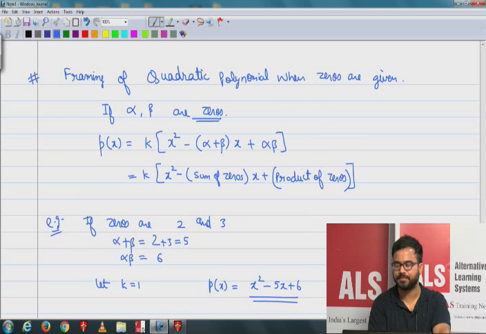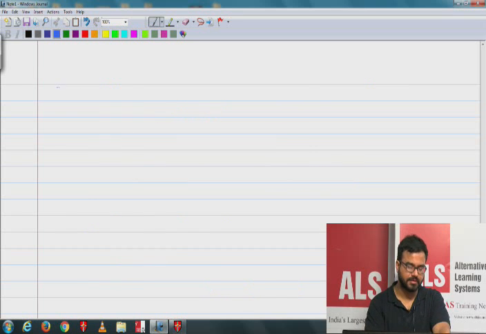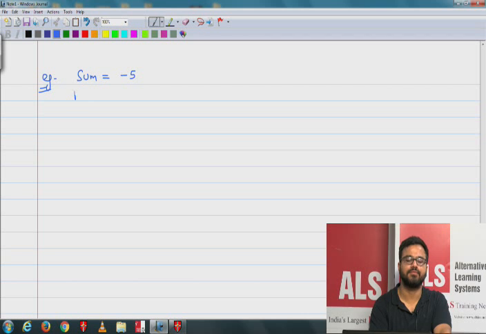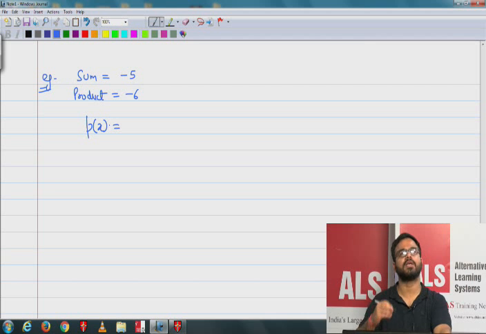Now let's say if I directly give you sum as minus 5 and product as minus 6, now we have to frame the quadratic polynomial. So you will say, let's say in all the cases I am considering k as 1 for all the cases right now.